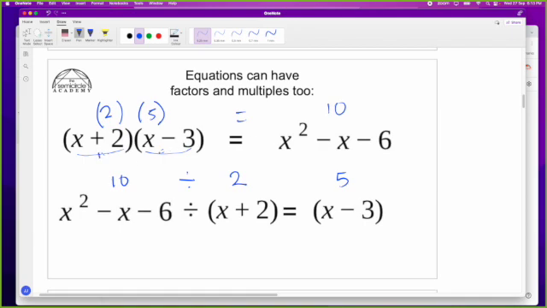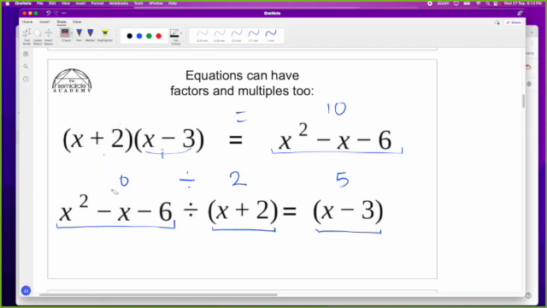These will be the factors and this will be the multiple. And so if I take this multiple and divide it by one of the factors, I am supposed to get the other factor.